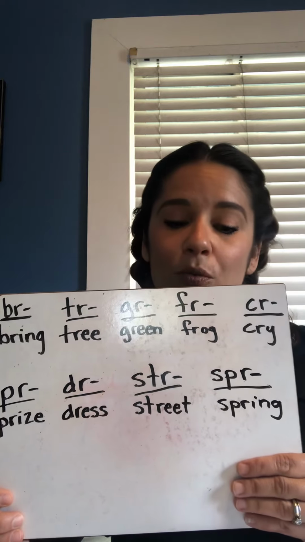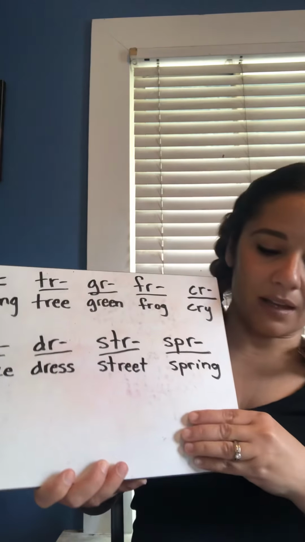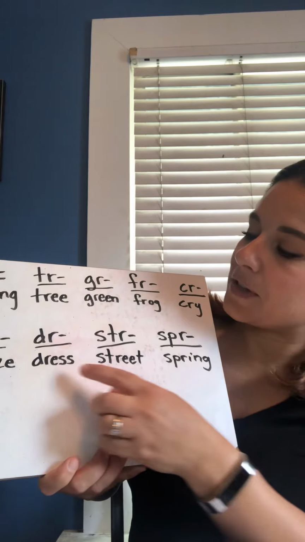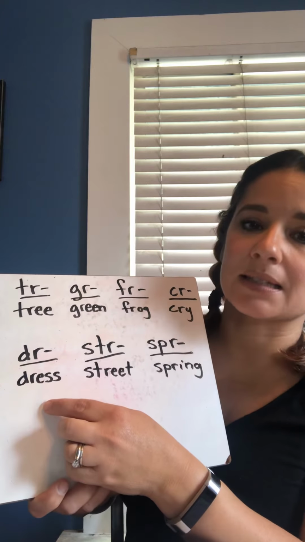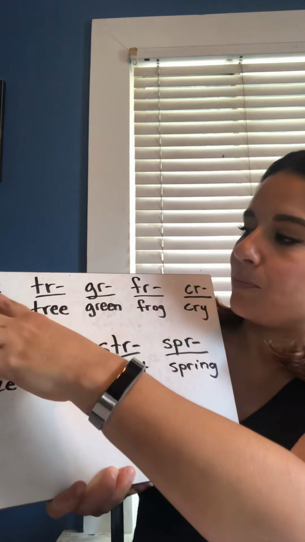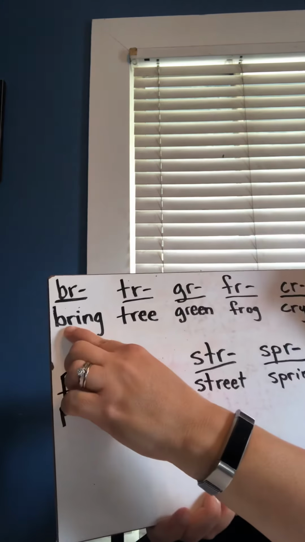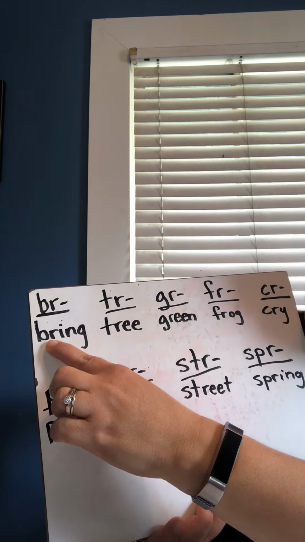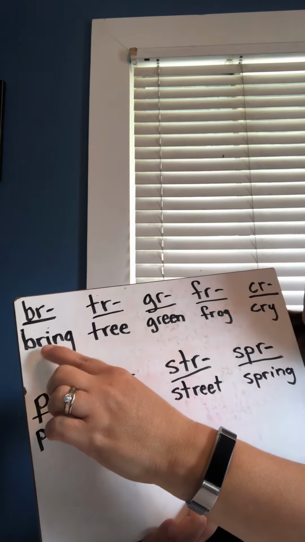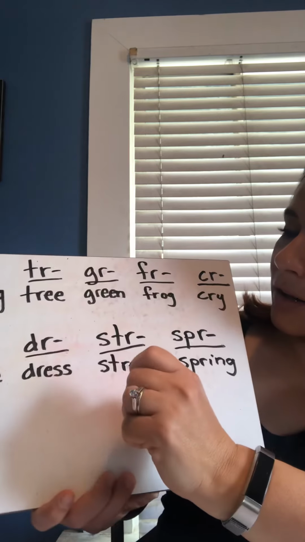Okay, so what you should have noticed is that all of these words have two or three consonants in the beginning sound, right? BR, B and R are the consonants, and then we have a vowel. So notice here we have two consonants, okay?